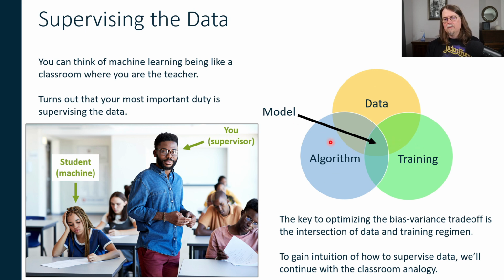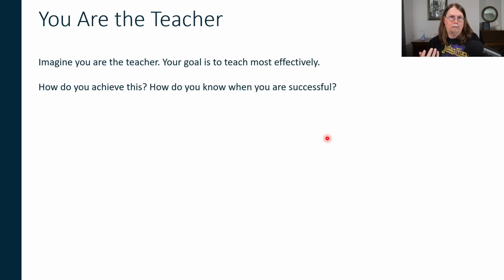And then your training regimen is actually going to determine how much bias or how much variance your decision tree model has. And what we're doing with our training regimen here is using our data to figure out how well our model has learned. So how do we do this? How do we know that, in fact, our model, the student in this analogy, actually learned?